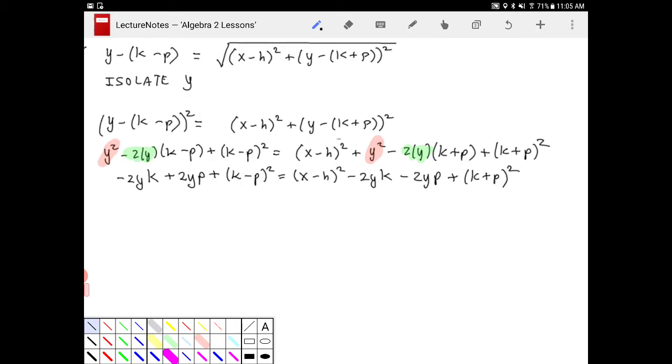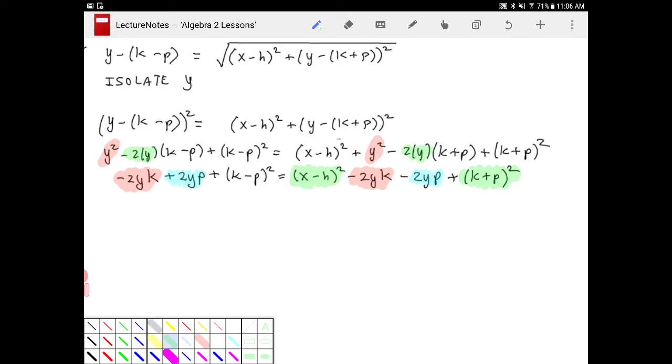And what I'm going to do now is, if you notice again, the 2yk's cancel. I'm going to subtract over the 2yp's. So these 2yp's I am going to subtract over, and I am also going to subtract over these terms over here to the other side.